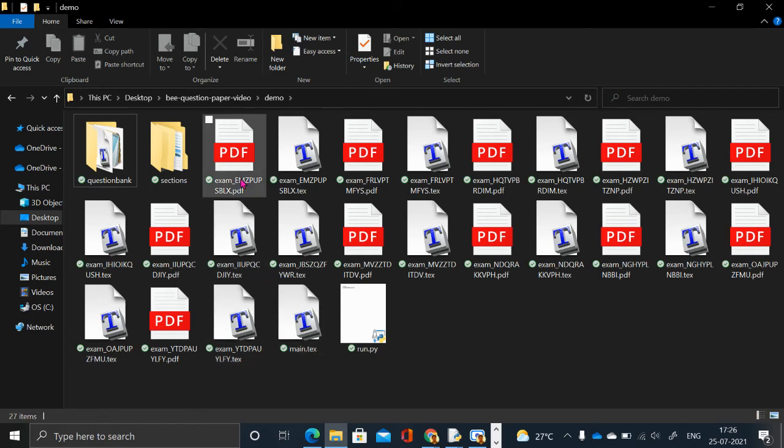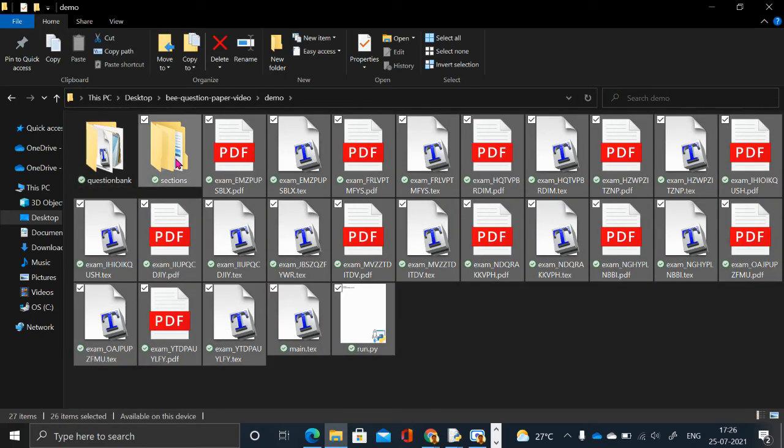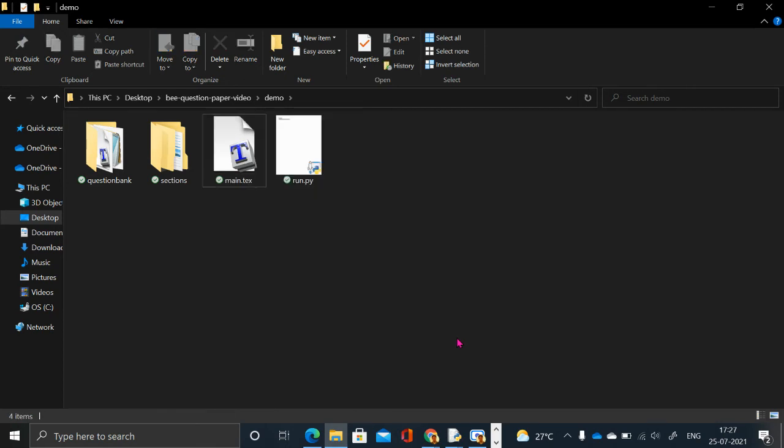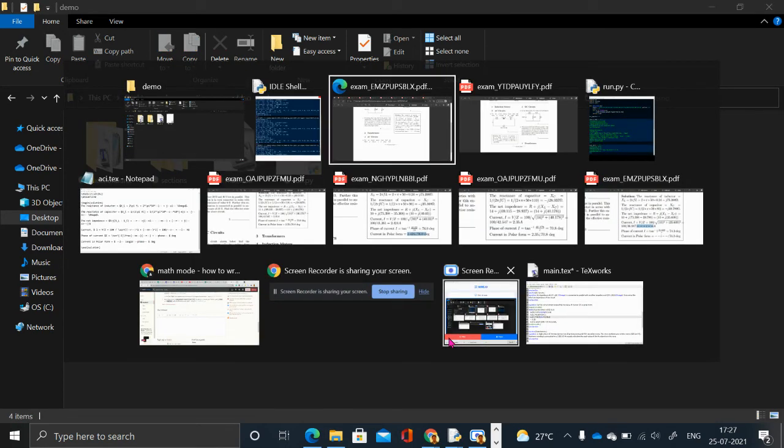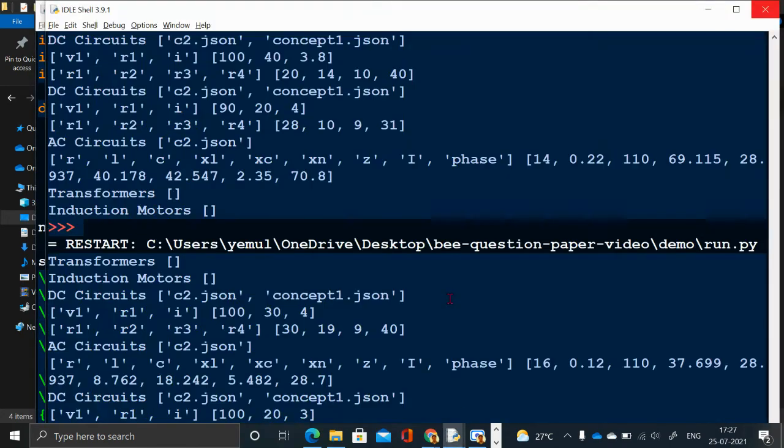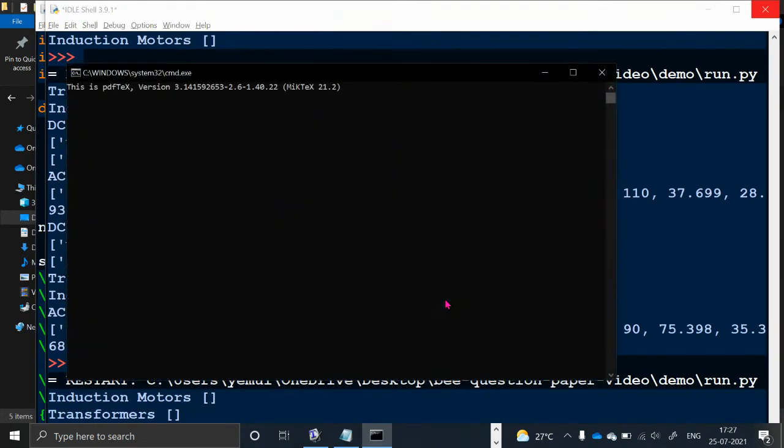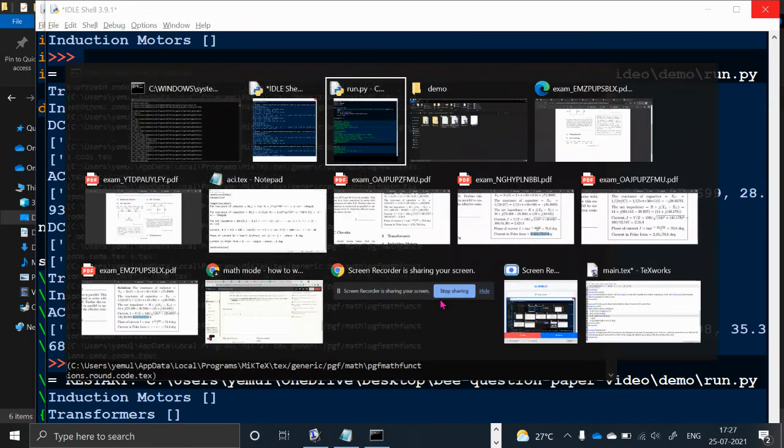Let's do one thing. I'll delete all the files and then just run once again, so that there won't be any confusion identifying the latest file. Just one exam I'm creating.